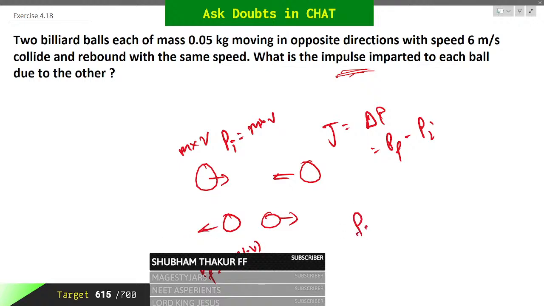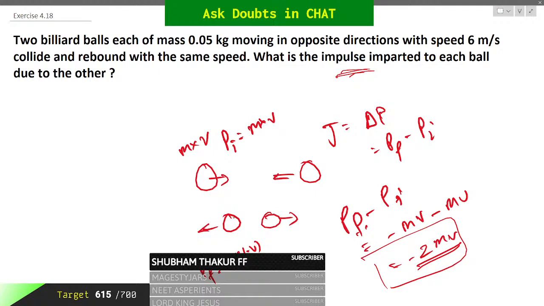So P final minus P initial would be minus mv minus mv, because P final is minus mv and P initial is mv, so P final minus P initial would be equal to minus 2mv. This would be the impulse imparted on the left ball, and similarly we can find out the impulse imparted on the right ball as well.